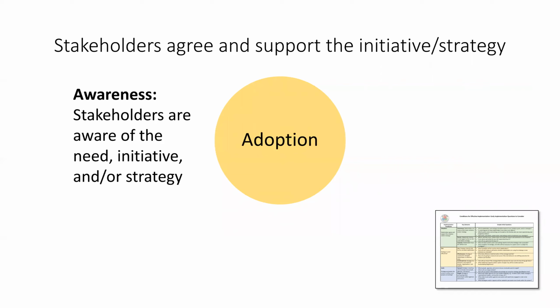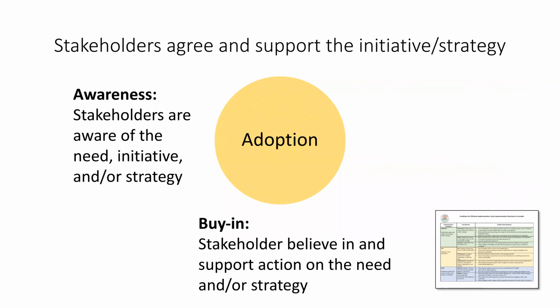This is really about stakeholders being aware of the need, the initiative, or the strategy. Sometimes it's hard to get, for example, providers to be interested in doing training on trauma-informed practice if they're not even aware of the need to address the prevalence of ACEs or trauma in our community.